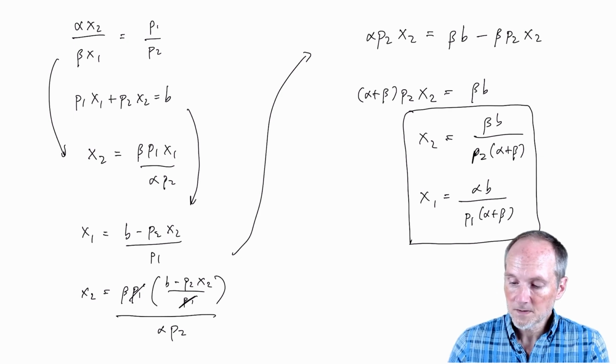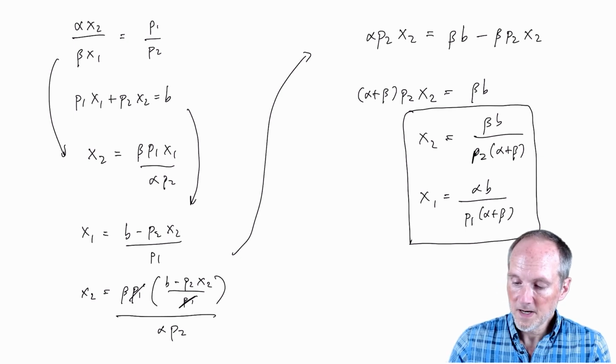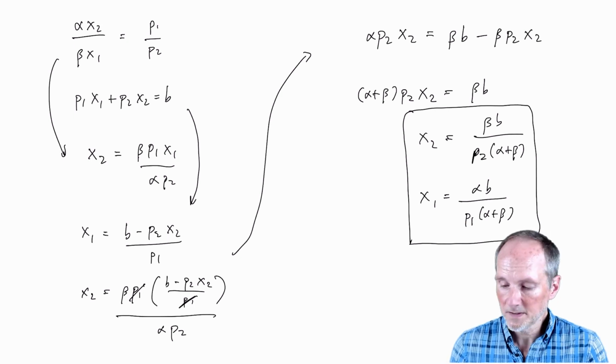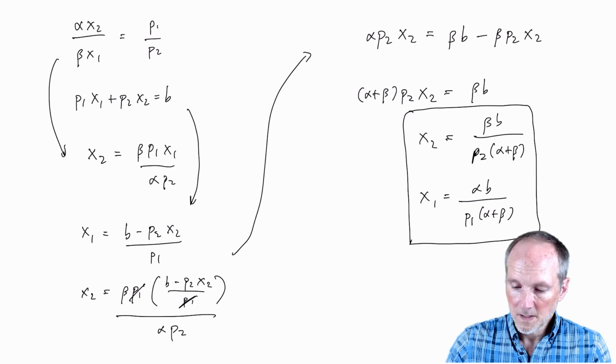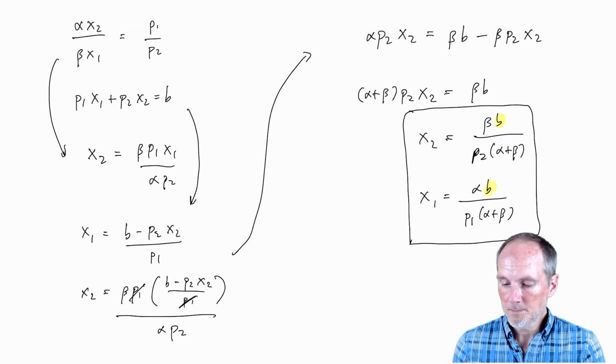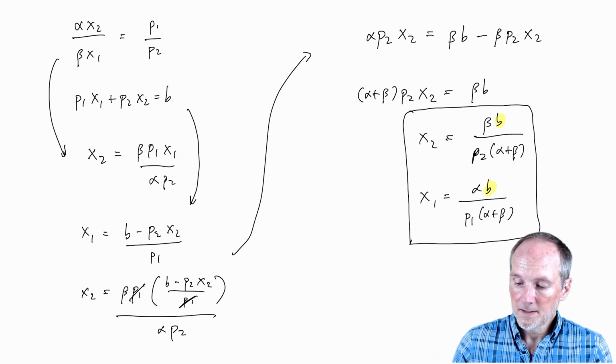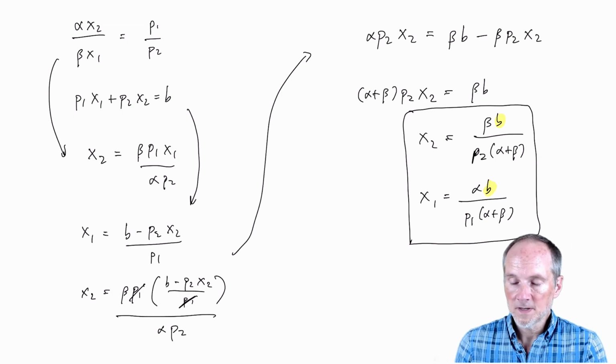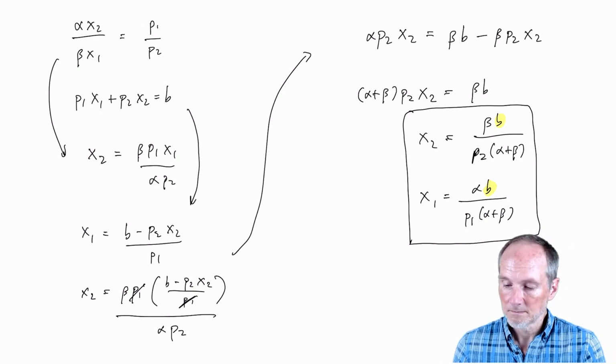One thing to notice is that if we increase the consumer's budget, that budget appears in both of these expressions. And if we increase that, the amount of good 1 and good 2 increases. Very intuitively, that doesn't have to be the case, but with this functional form, it is.